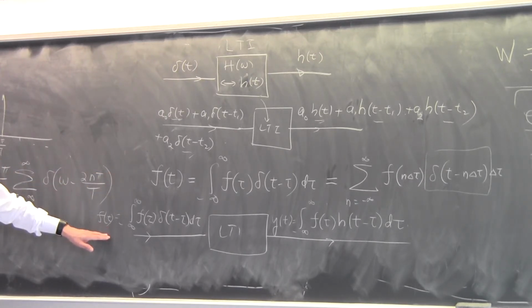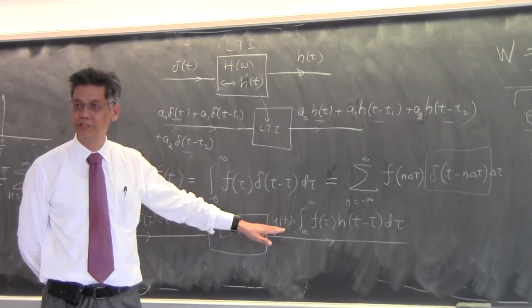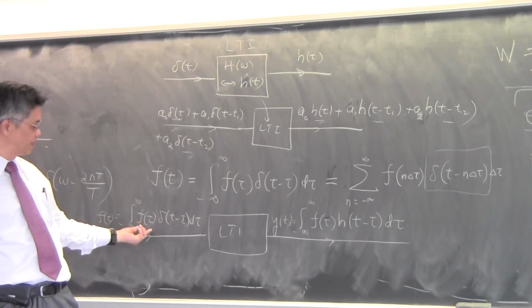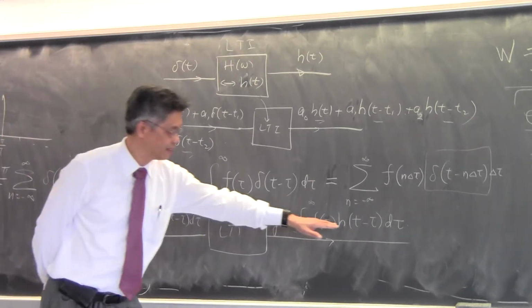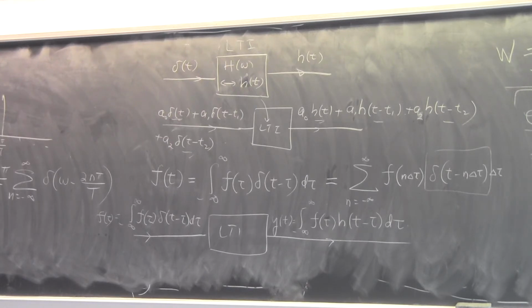So invoking the principle of linear superposition, the output should be the convolution of that function, the amplitudes of all these impulses, with the impulse response. So that's another picture you should bear in mind as to what convolution means. Okay, let me move on to the other examples that we have.